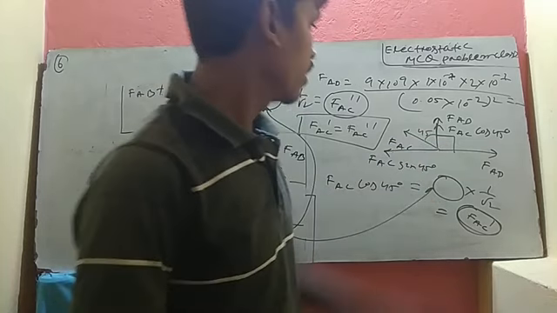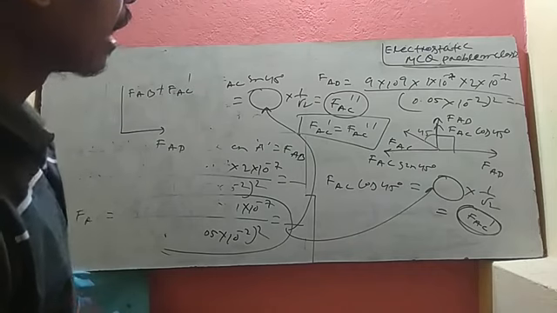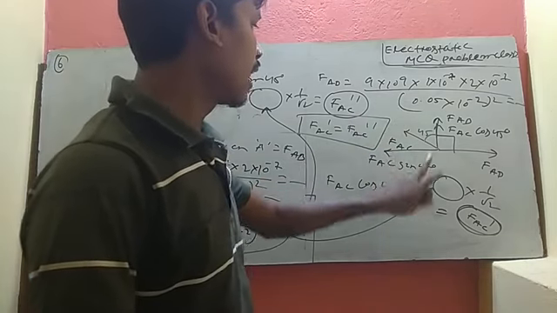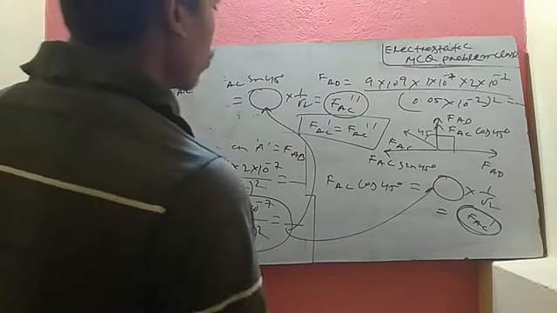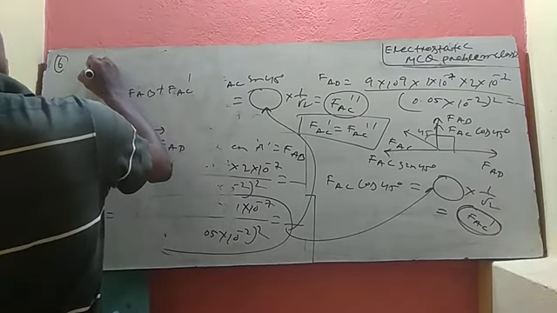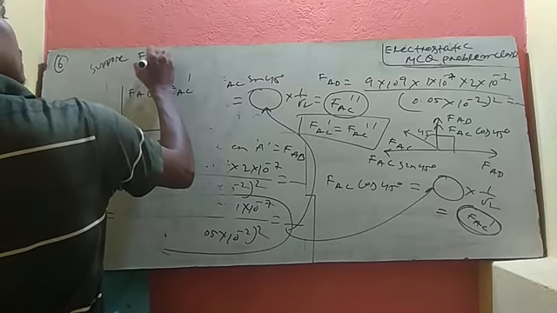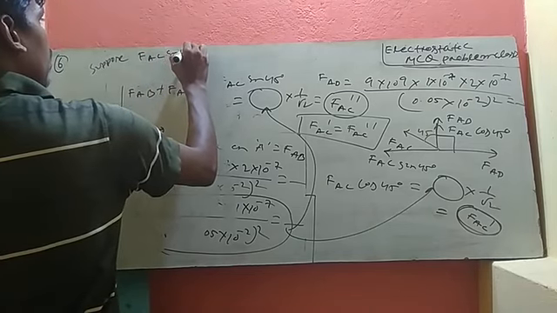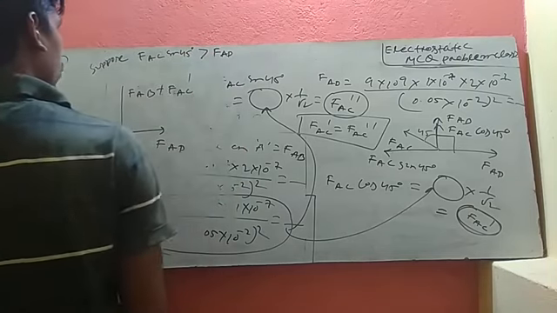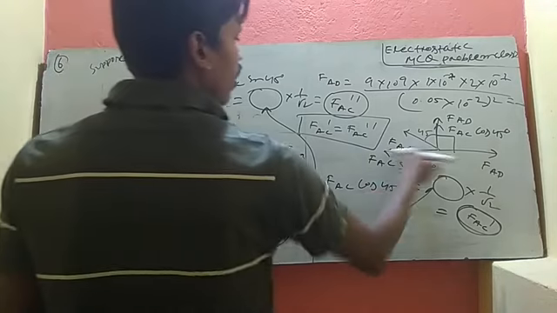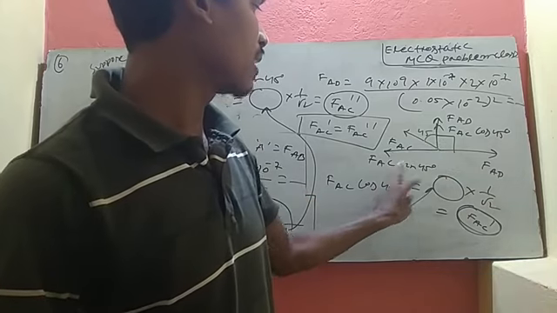In this force you can calculate FAD, and FAC sin 45 is greater. Suppose FAC sin 45 degree is greater than FAD. So this horizontal side is named as FAC sin 45.